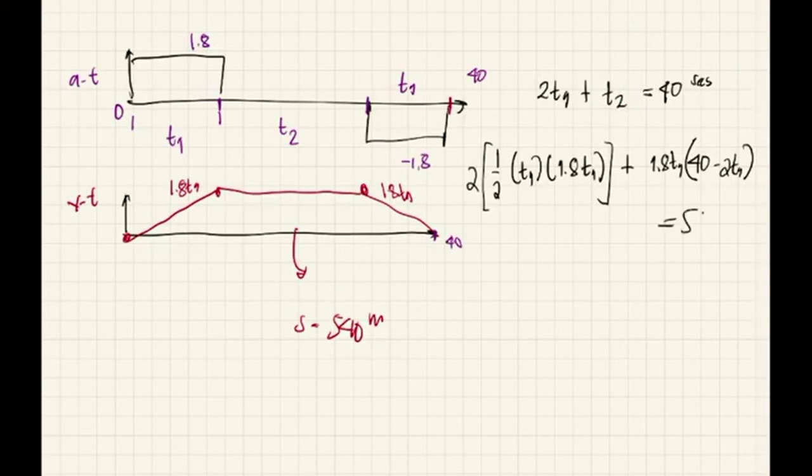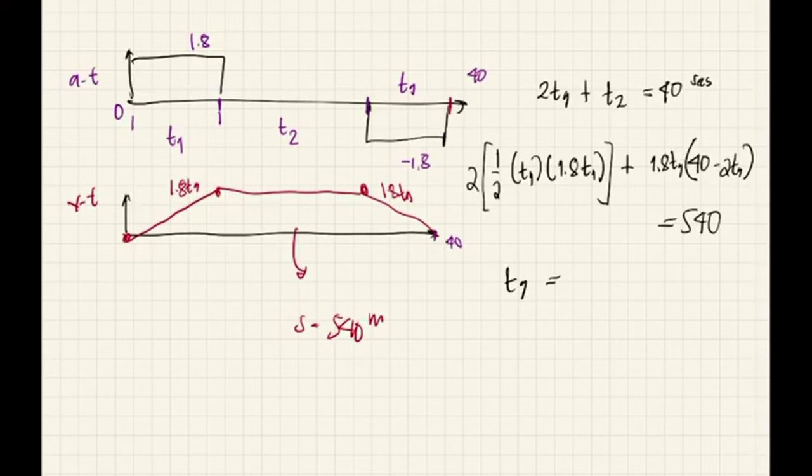Equals 540. And paggamit na natin ang mahiwagang shape solve, and masasolve na natin yung t sub 1, and masasolve na natin yung maximum speed, and masasolve na natin yung area o yung distance traveled after 40 seconds.